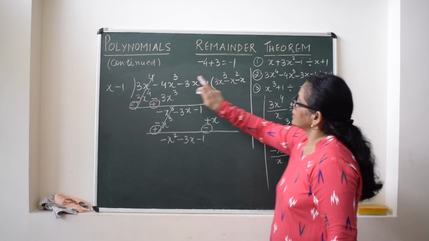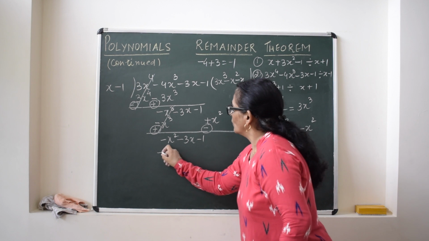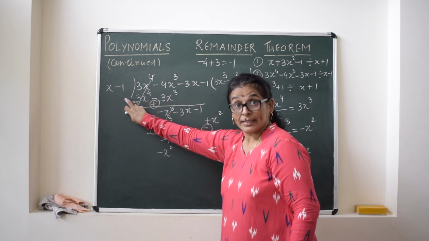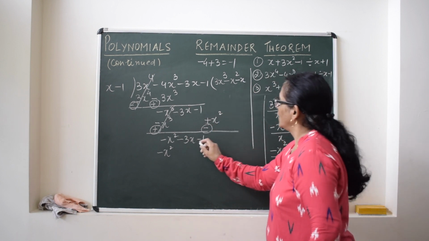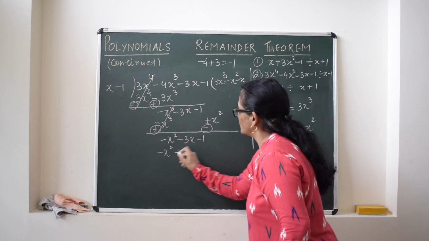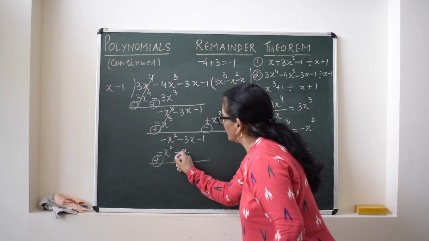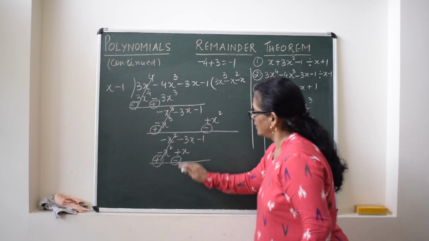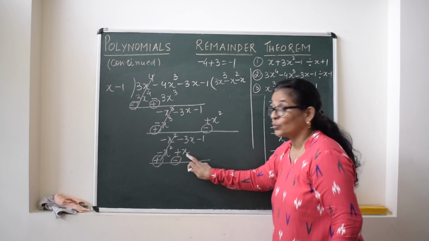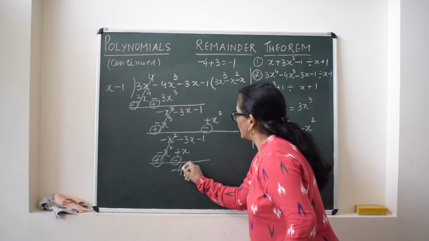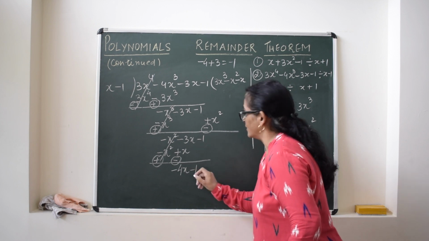Now minus x into x will be minus x square, minus x into minus 1 will become plus x. Change the signs. This will be positive, this will be negative, this will be cancelled. Now minus 3 and minus 1 will become minus 4. So minus 4x, and this will be as it is.